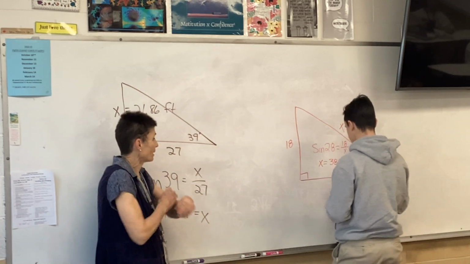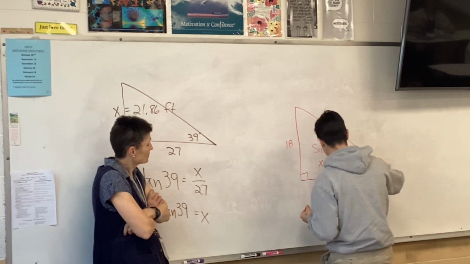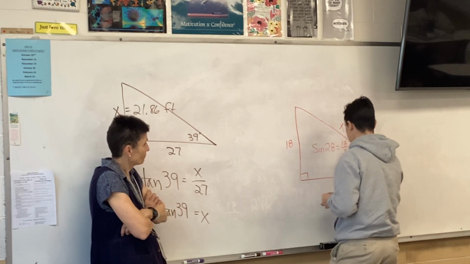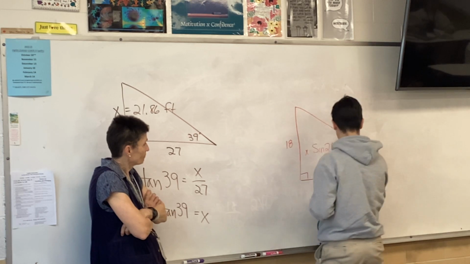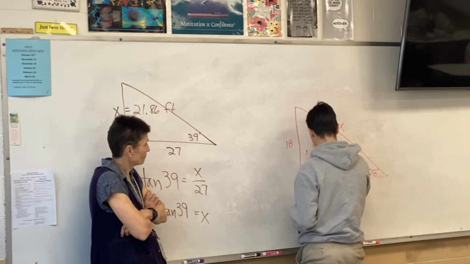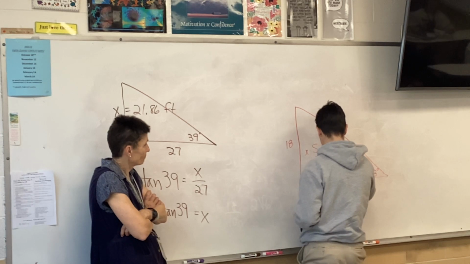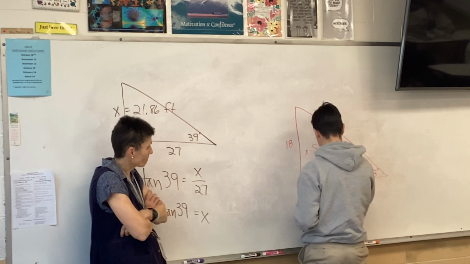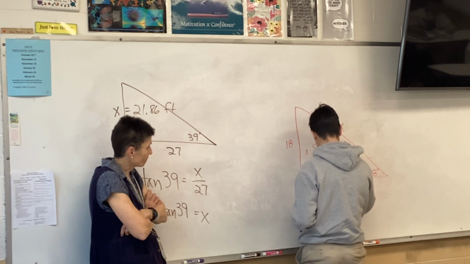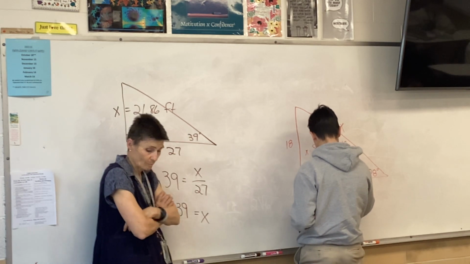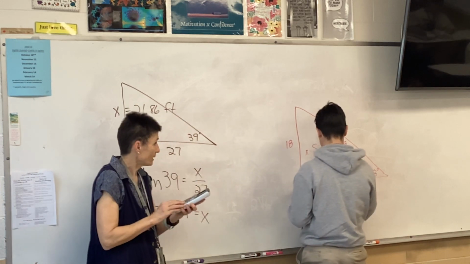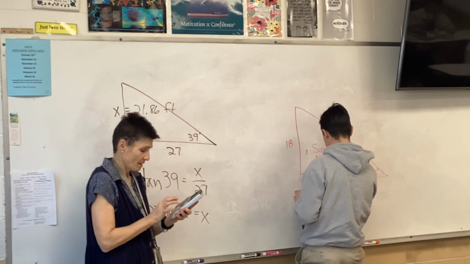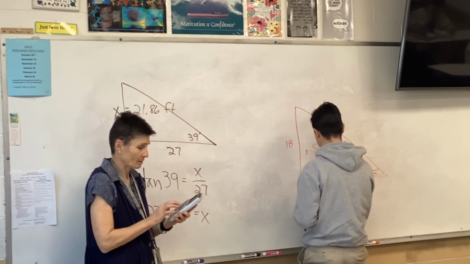So what did you do there? No, that's right. X equals 18 divided by sine 28. That was directly right. Well, okay, I thought I skipped a step.